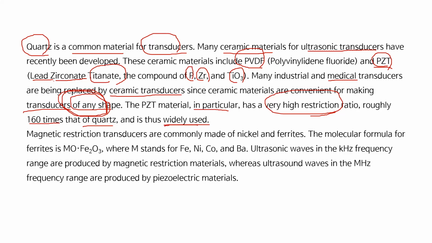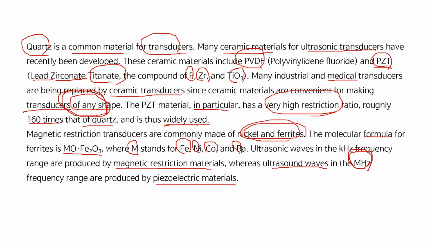Magnetostrictive transducers are commonly made of nickel and ferrites. The molecular formula for ferrites is MOFe2O3. Here M stands for iron, nickel, cobalt, and so on. Ultrasonic waves in the kilohertz frequency range are produced by magnetostrictive materials, whereas ultrasound waves in the megahertz frequency range are produced by piezoelectric materials.